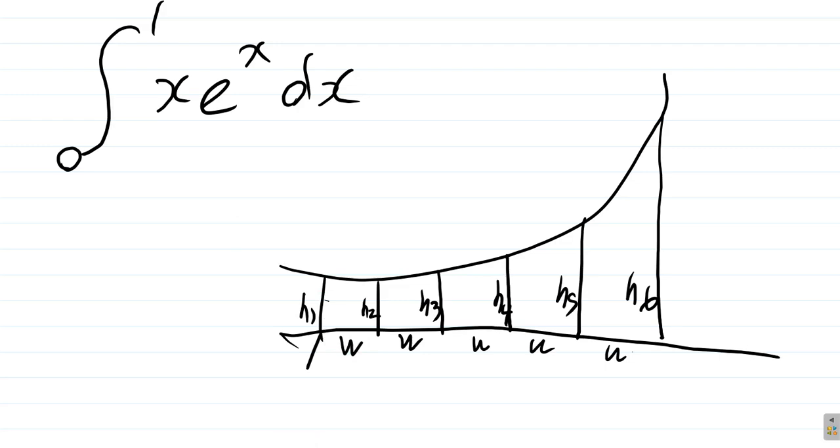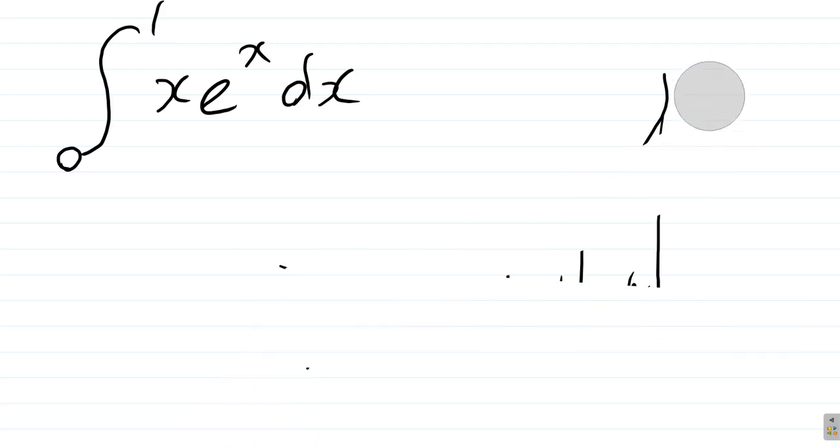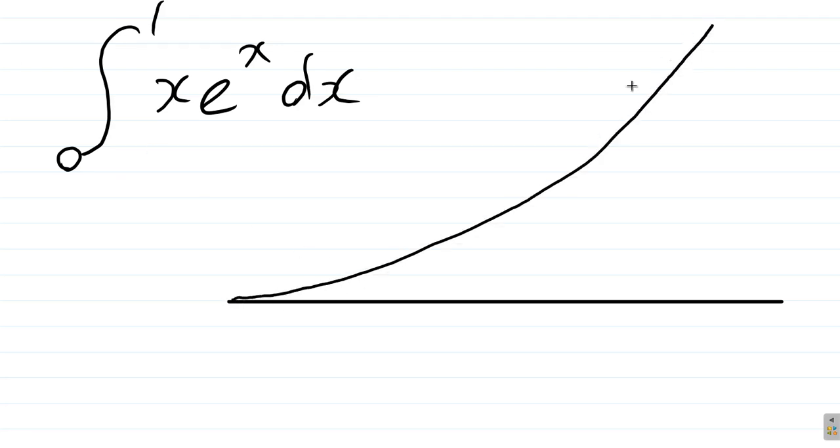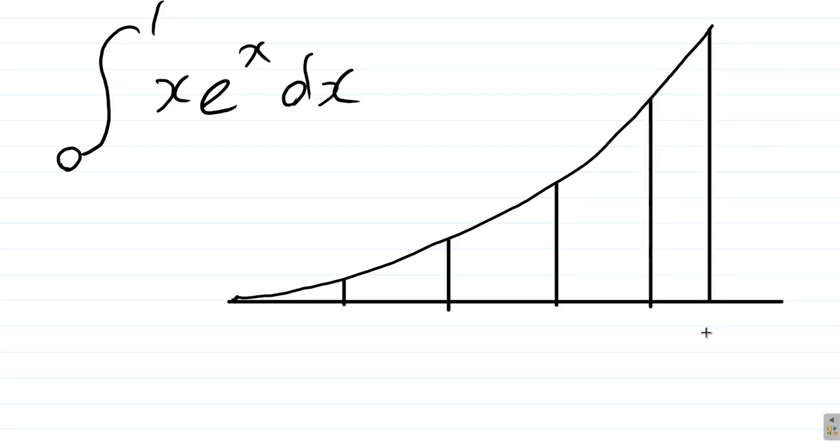So let's just redo the diagram. We would start at 0, and let's use some straight lines as well. The first one would surely be 0. So we have 1, 2, 3, 4, 5.